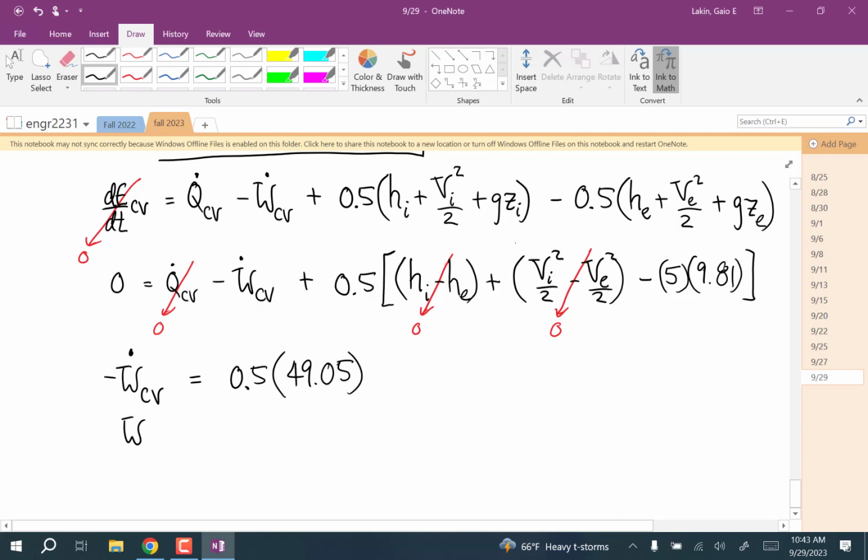And so W dot is equal to negative 24.525 watts. And that negative makes sense because that's electrical work coming into the pump. Any questions about that?